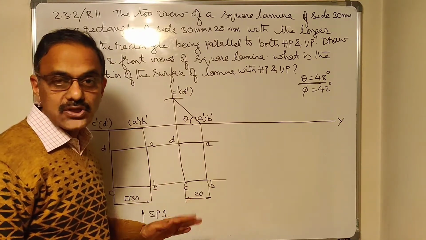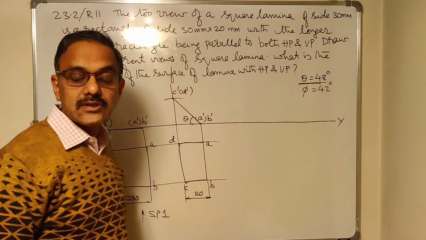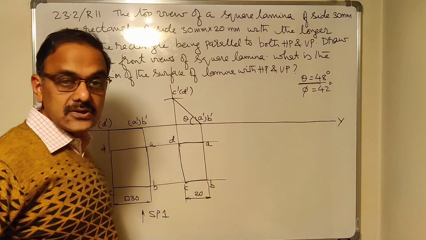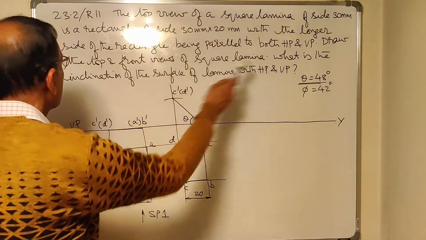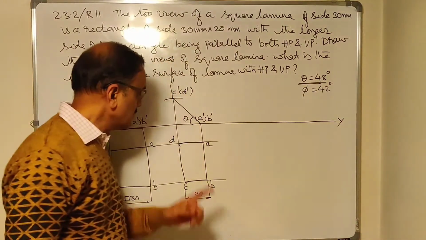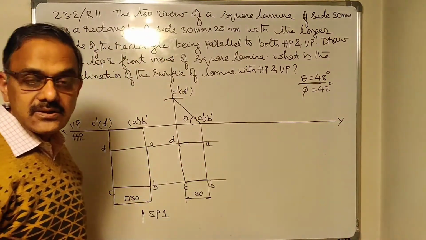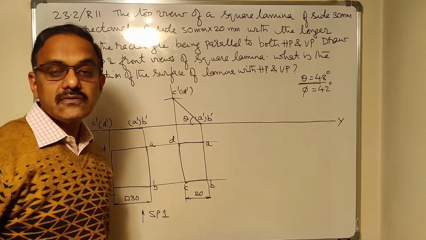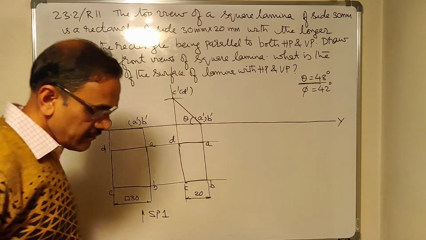So it is your botheration to find what is the inclination of the surface. It is your responsibility to find what is the inclination of the surface. In fact, you are asked what is the inclination of the surface with HP and also VP. Right now I got the inclination of the surface with HP, theta. Let us see what is the inclination of the surface with VP. Okay.